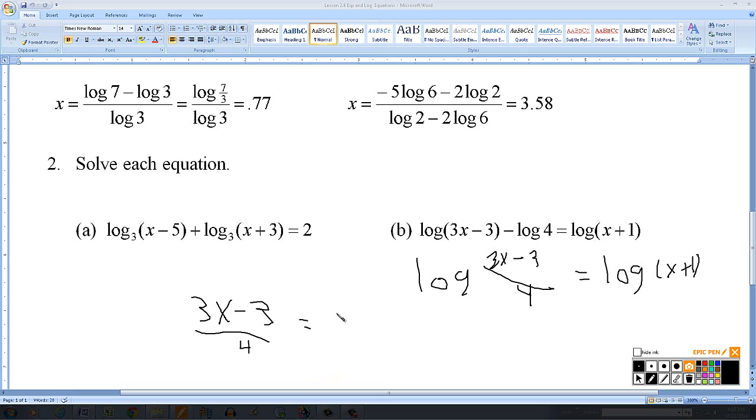Okay, then I just solve for x. So let's multiply both sides of that by 4. If I multiply the left side by 4, the 4 cancels and I get 3x minus 3. Multiply the right side by 4, I get 4x plus 4.